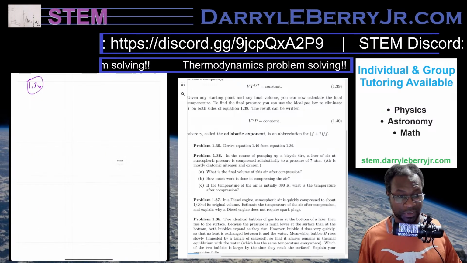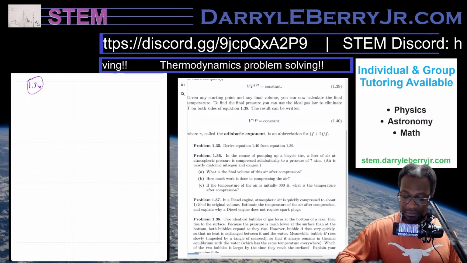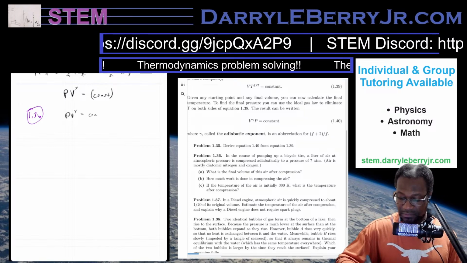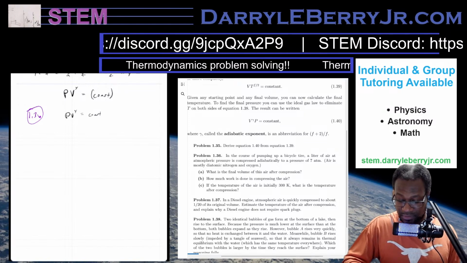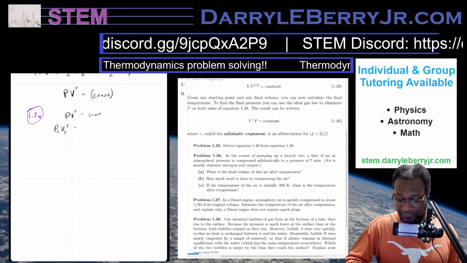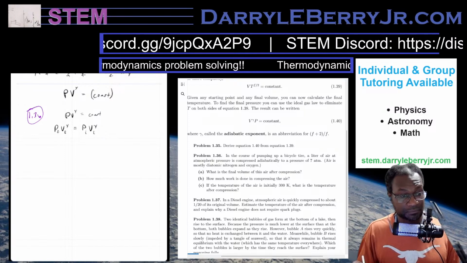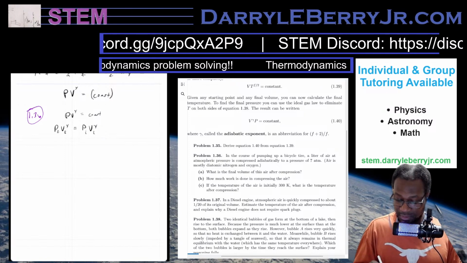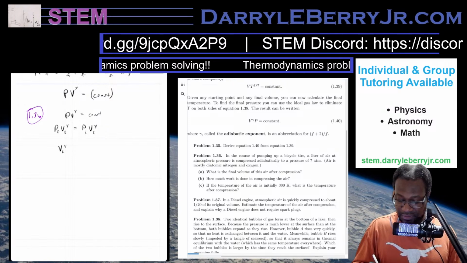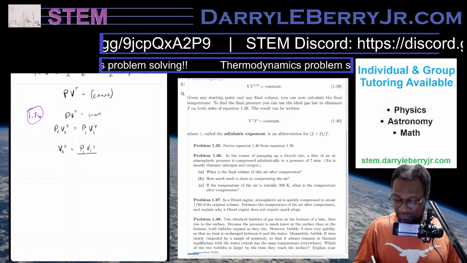From equation 140 derived in the previous problem, we have T V^gamma equals constant. Thus Pf Vf^gamma equals Pi Vi^gamma. So we can say Vf^gamma equals Pi Vi^gamma over Pf.